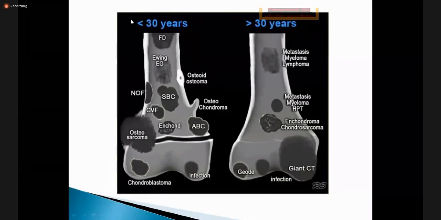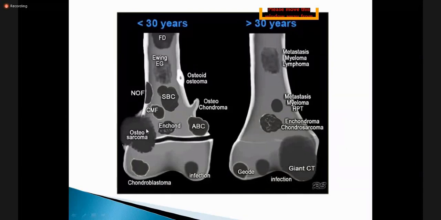In less than 30, in the medullary cavity, in the midline, these are fibrous dysplasia, Ewing sarcoma, simple bone cyst, enchondroma, or chondromyxoid fibroma. On the periphery or in an eccentric location, these are non-ossifying fibroma, osteosarcoma, ABC, aneurysmal bone cyst.